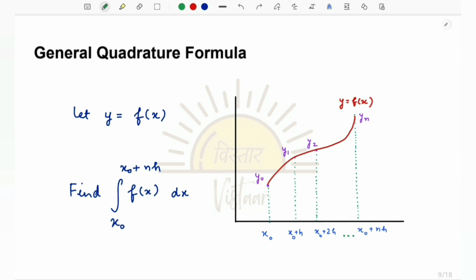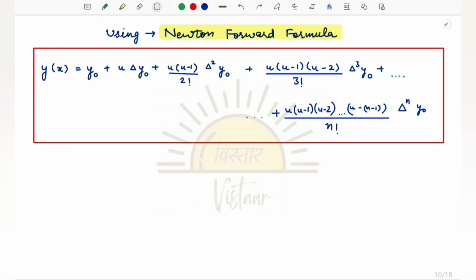So now we have to find the definite integral of f(x) with respect to x from the limits x0 up to x0 plus nh, because the starting point here is x0 and the last limit point is x0 plus nh. Let's now use the Newton forward interpolation method, which we have already discussed in the previous video. If you haven't seen that video, then I will provide its link in the description and you can watch it.